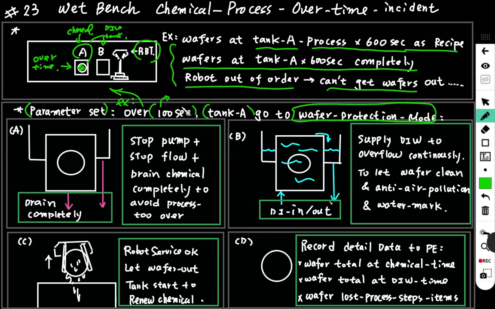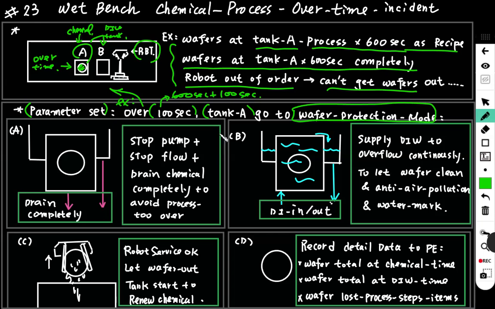It means that the normal product of the wafer can handle the 600 seconds process time, adding another 100 seconds.